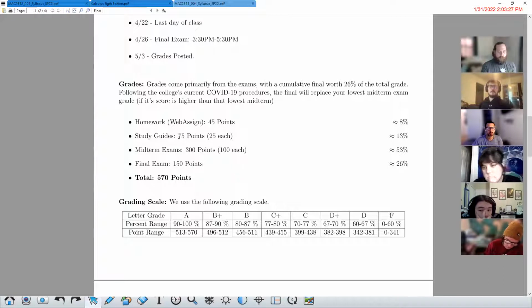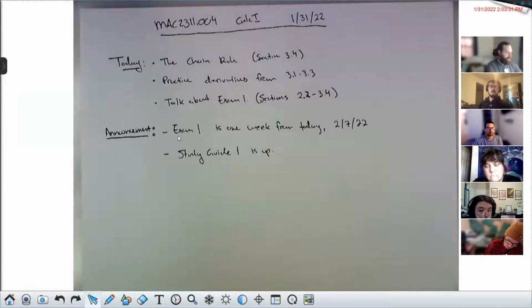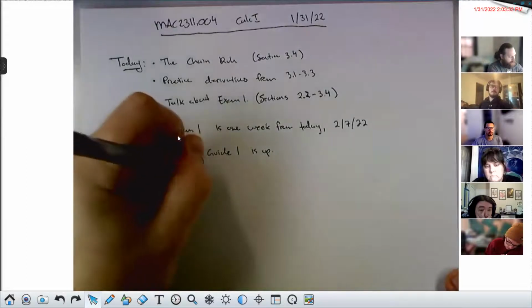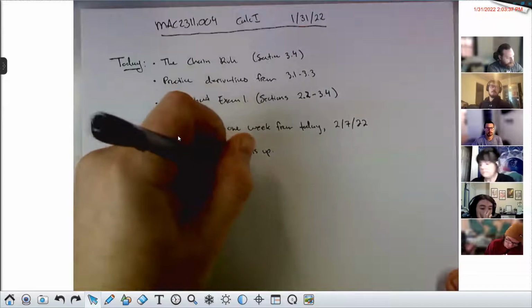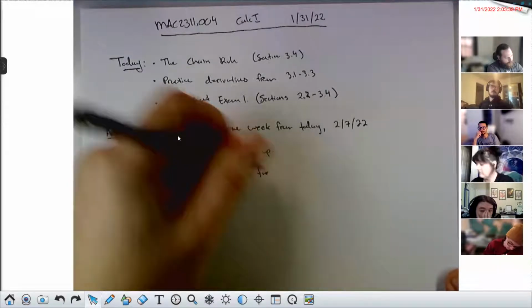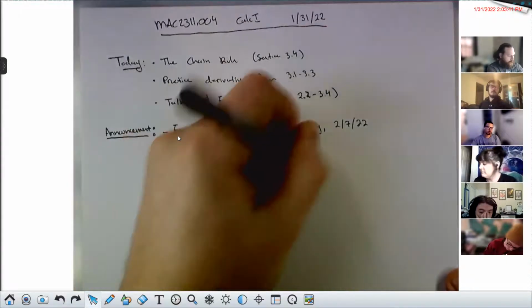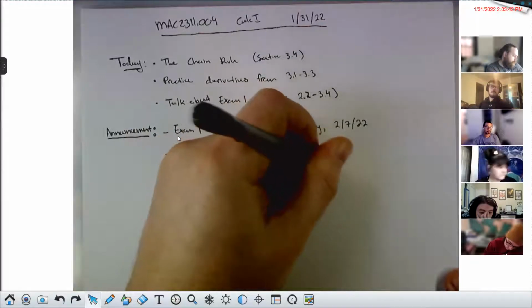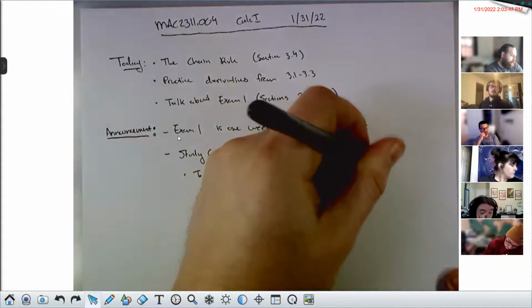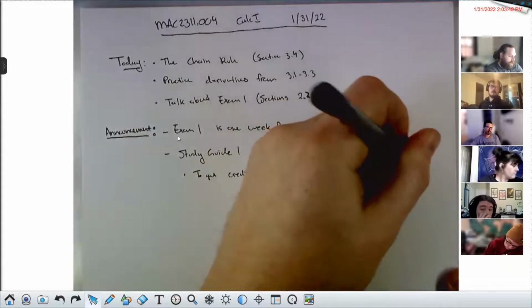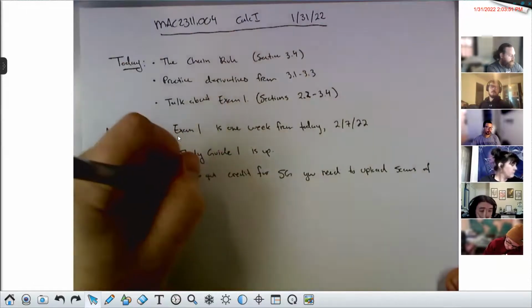The important thing to remember about the study guides is that while they are posted on WebAssign, to get credit for the study guide, to get those 25 points, you need to upload scans of your work.